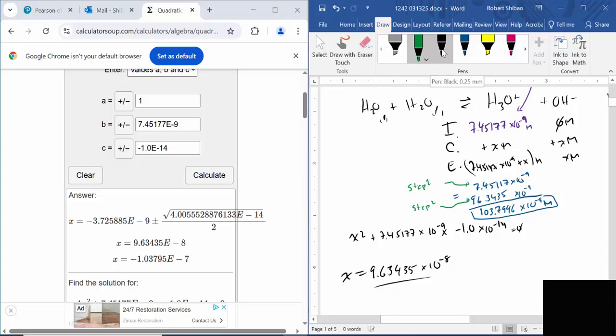And then the hydroxide, which we're going to get very little of, is going to be 9.63435 times 10 to the minus 8.